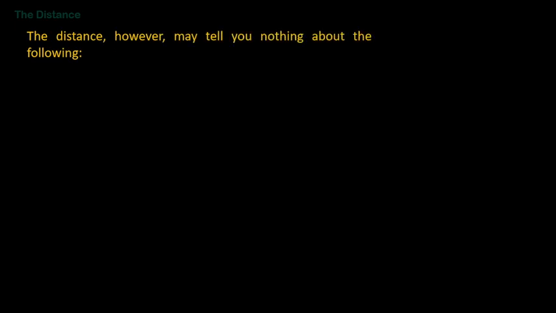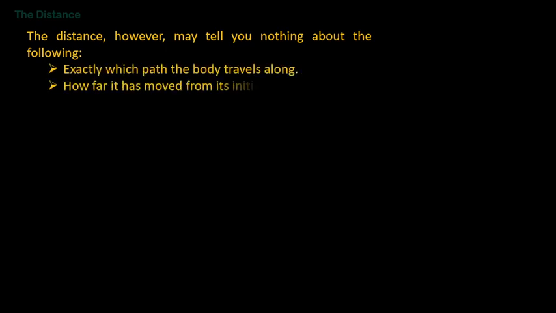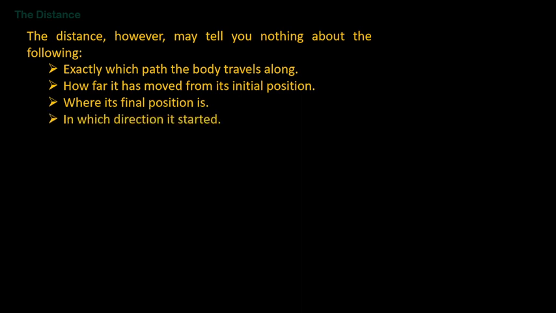The distance, however, may tell you nothing about the following. Exactly which path the body travels along, how far it has moved from its initial position, where its final position is, in which direction it started.